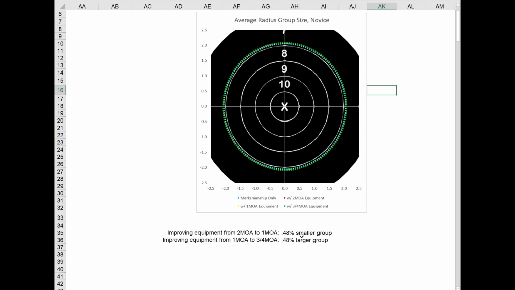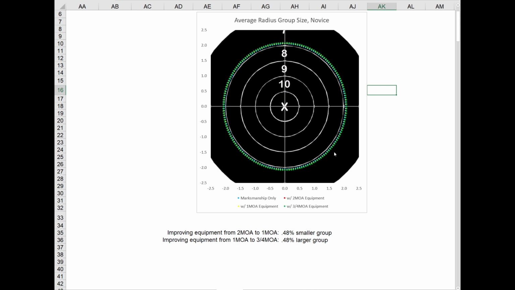I call these out and say that it's a smaller group and a larger group, but for all practical purposes, they're pretty much the same. There basically is no difference in improving equipment from 2 minute of angle to 1 minute of angle and from 1 to 3/4 in these simulations.